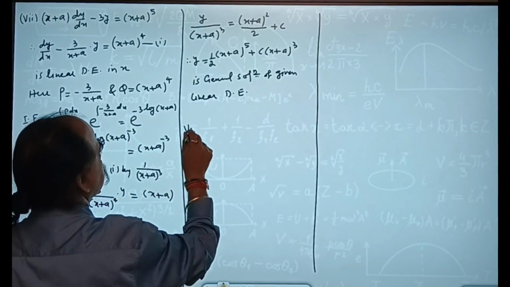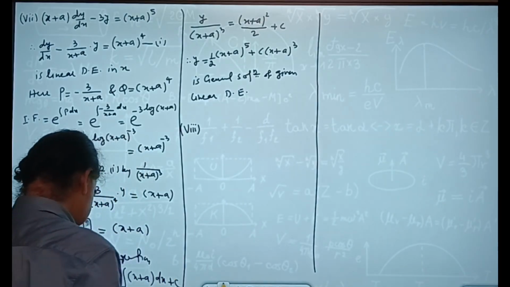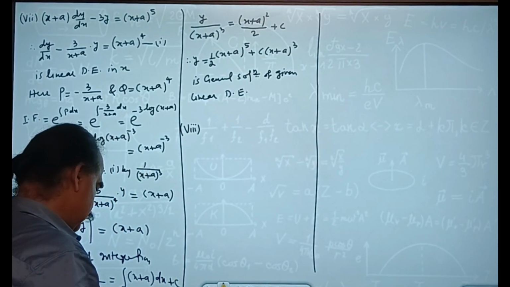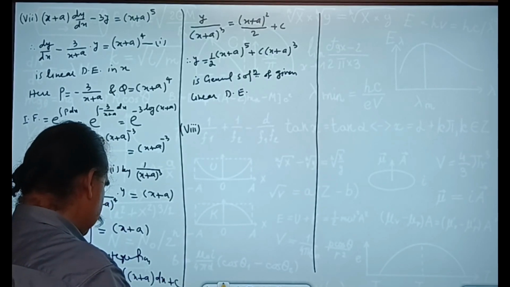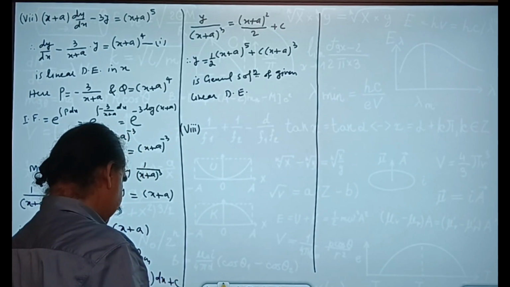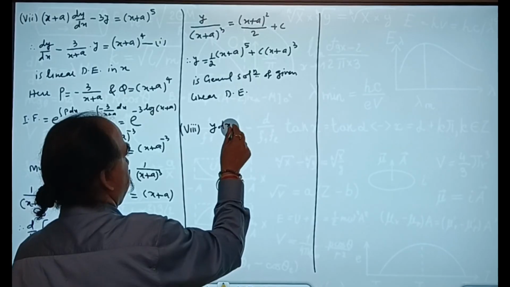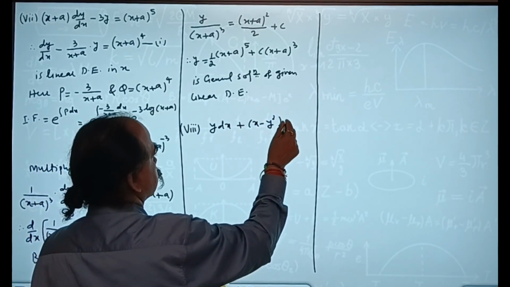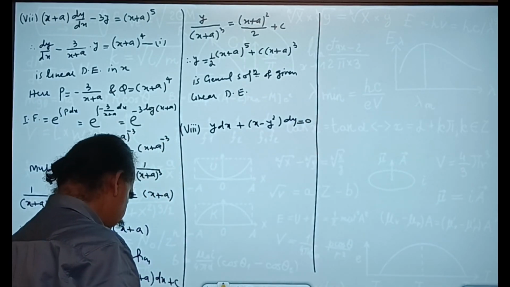Eighth one is y dx plus x minus y square dy is equal to 0.